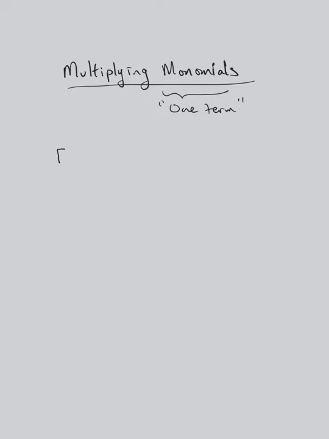So let's look at an example. Say one monomial is 4x to the third, and I want to multiply that by 5x squared. The key thing is, since there's a times, written or unwritten, between each of those numbers and variables, I'm just multiplying a bunch of stuff.